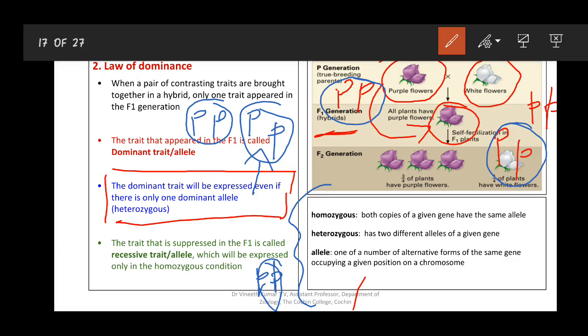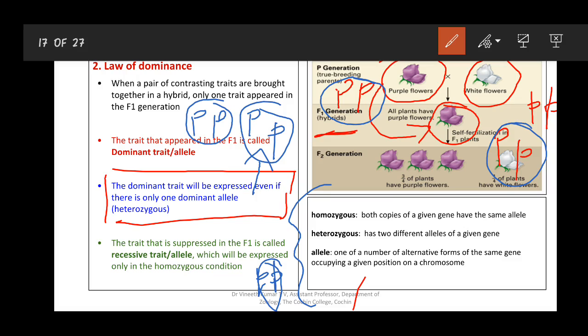The first one was the law of unit characters, where Mendel said that inheritance of characters is not through fluid-like particles, it is through discrete particles, and these discrete particles come in pairs for controlling a particular character. The second one is the law of dominance, in the sense that when two contrasting characters are crossed, the phenotype which is expressed in the F1 generation will be the dominant of the two.